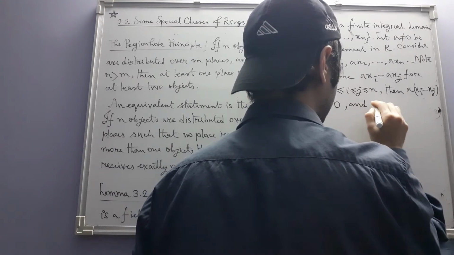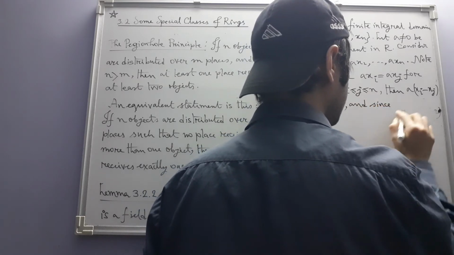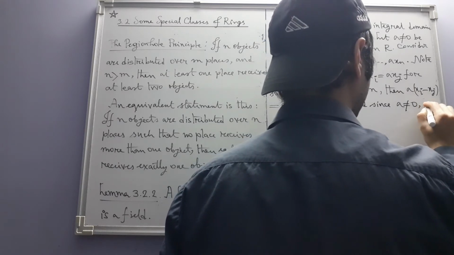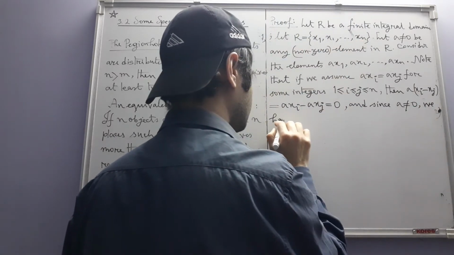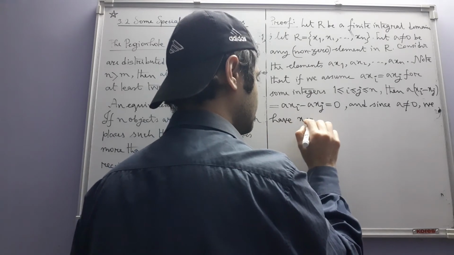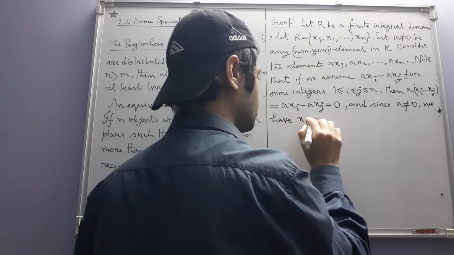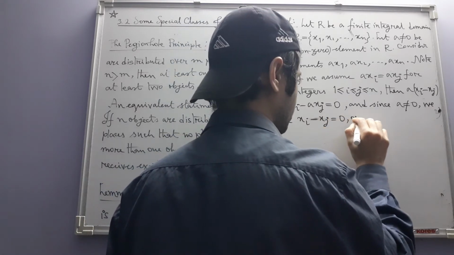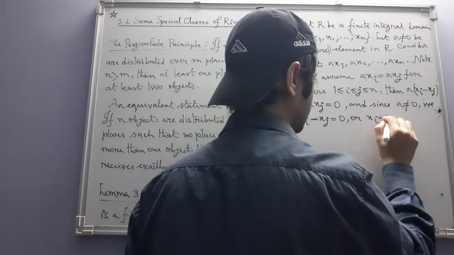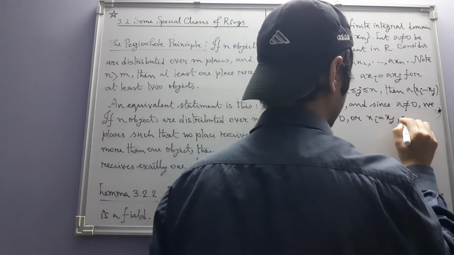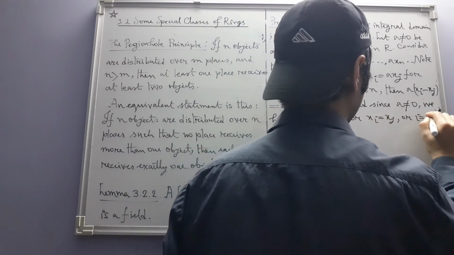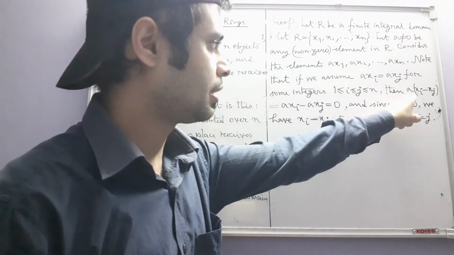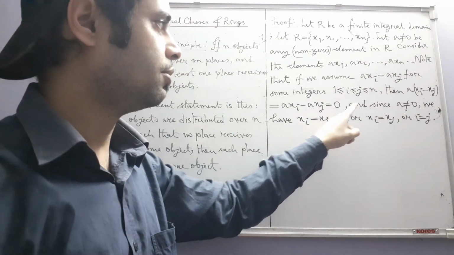And since a is non-zero, we have xi minus xj equal to 0, or xi equal to xj, or i equal to j.